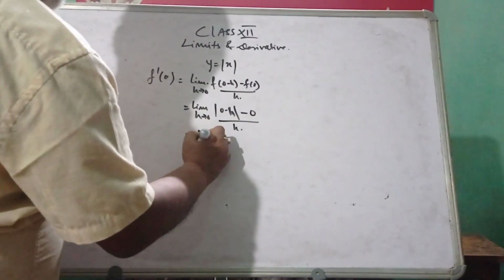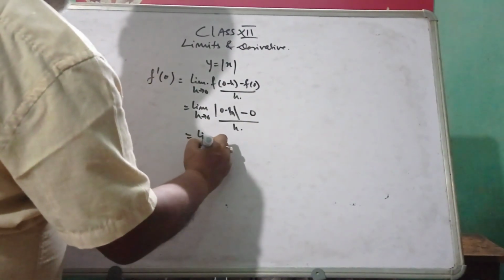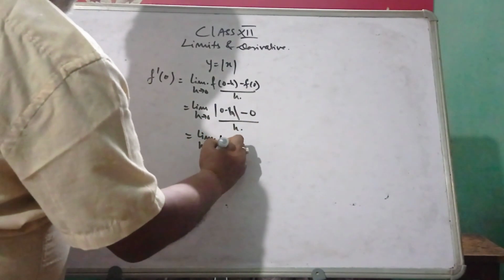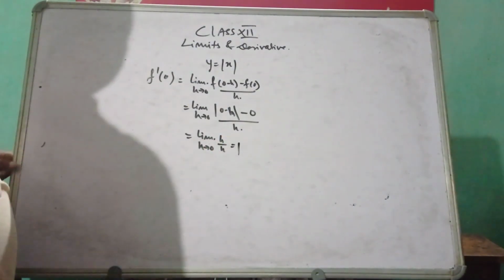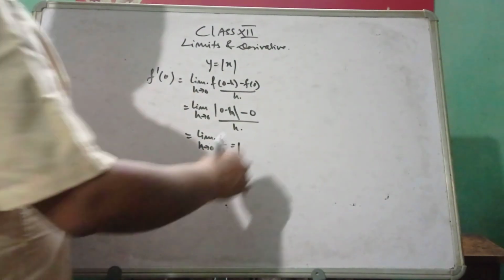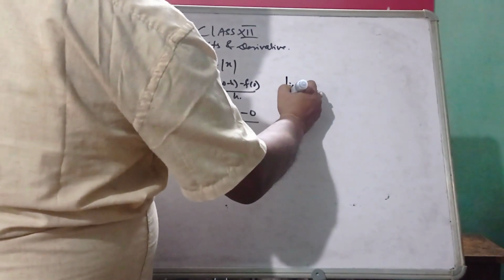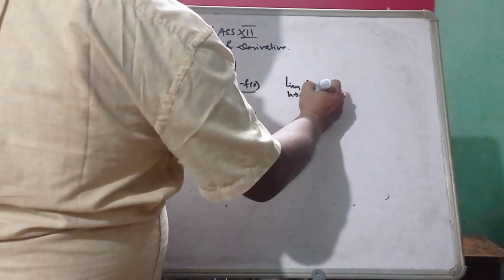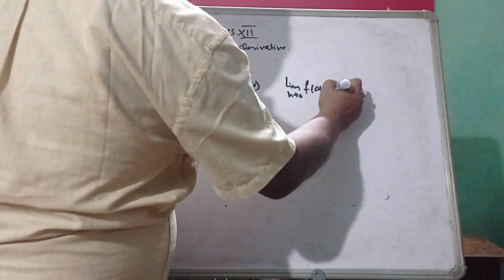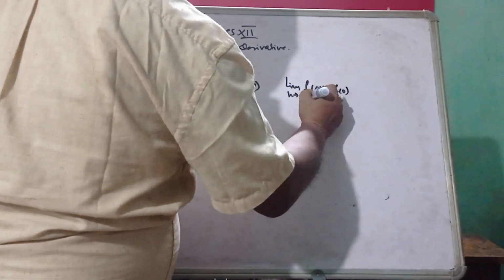So here it comes about limit h tends to 0, that is h by h, and this is equal to 1. This is your left hand derivative.